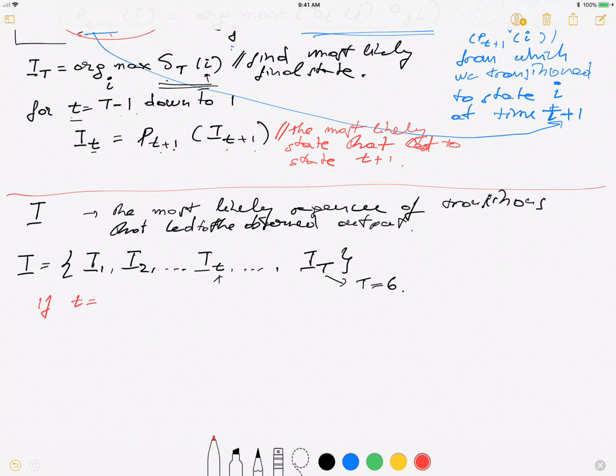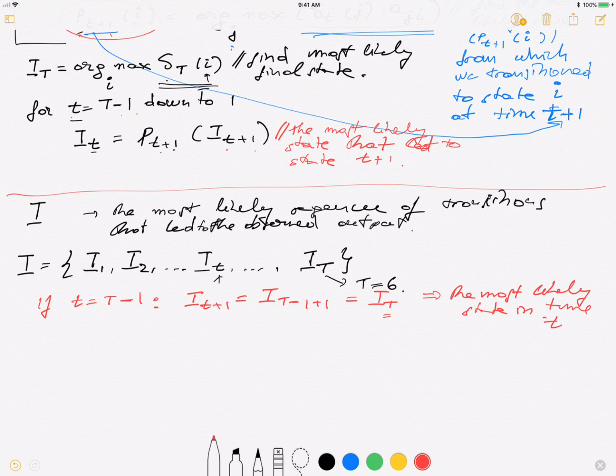I t plus 1 will be equal to I big T minus 1 plus 1, which would be I big T. This is the most likely state at time big T. And then I t, if t is equal to big T minus 1, it would be I big T minus 1, which would be the most likely state at time T minus 1.